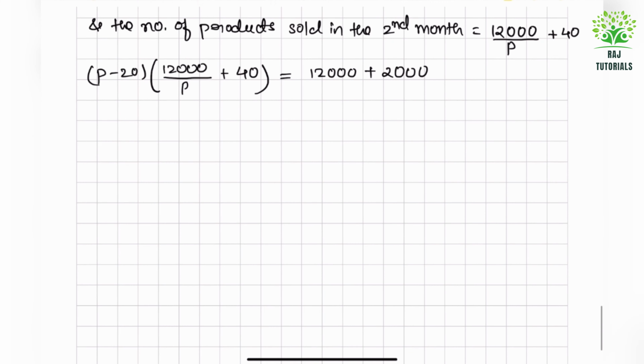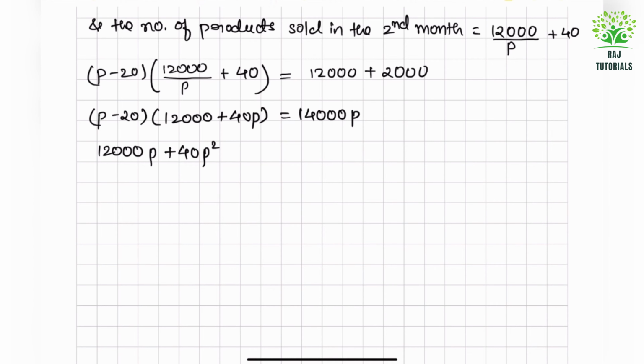So solving this, I will have (P − 20)(12,000 + 40P) equal to 14,000P. So 12,000P + 40P² − 24,000 − 800P − 14,000P will be equal to 0.